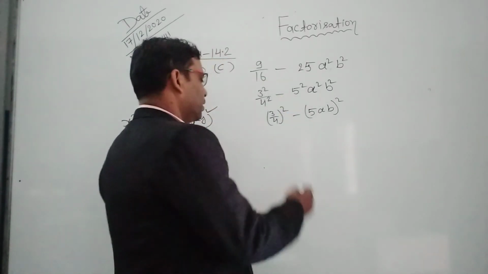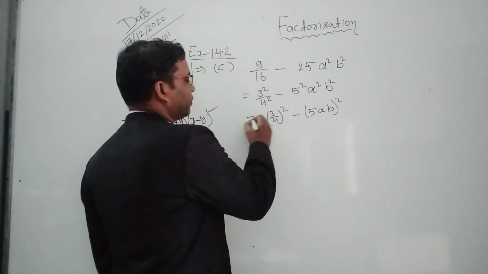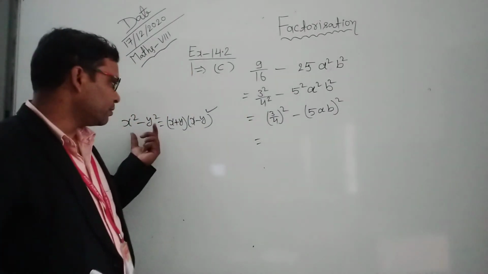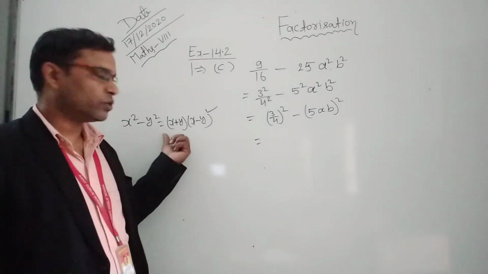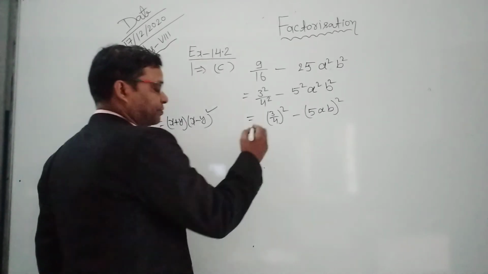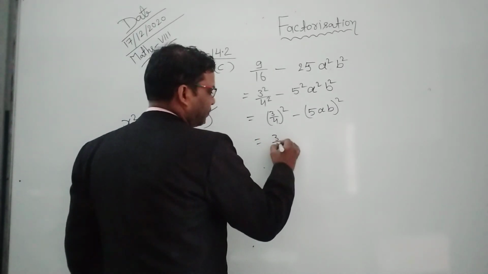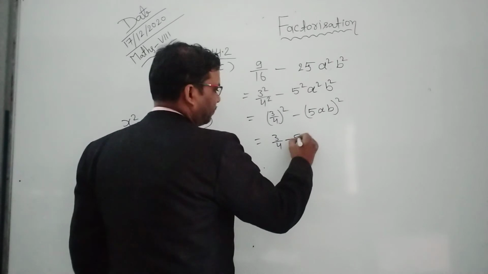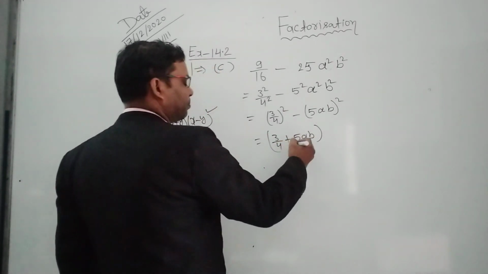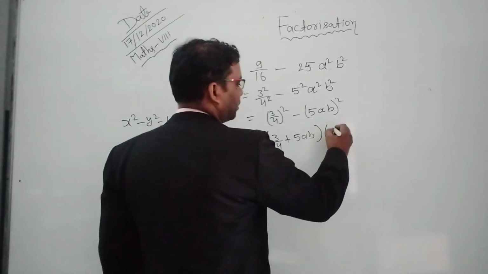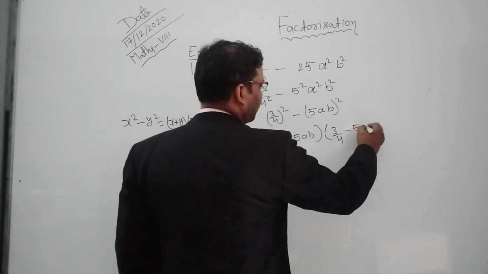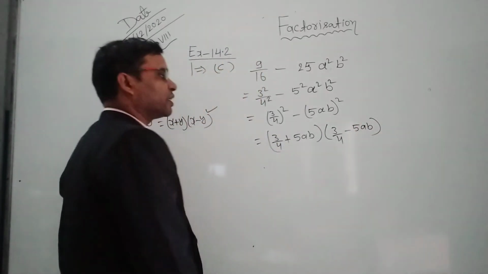Then we can write according to the third identity, x square minus y square is equal to (x plus y) into (x minus y). So you can write here (3 by 4 plus 5ab) into (3 by 4 minus 5ab). Both are clear.